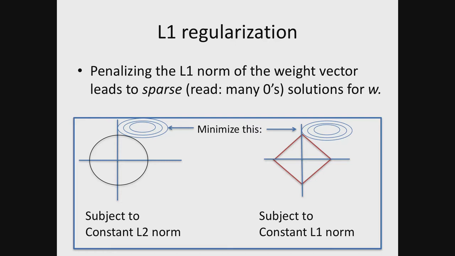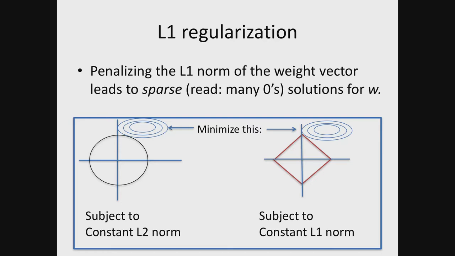So you might say, we're going to minimize the loss subject to the L1 norm of your weight vector being less than 3. Well, then what I'm showing you here is weight space. So I'm showing you 2 dimensions. This x-axis is weight 1. This y-axis is weight 2. And if you put an L1 constraint, for example, you said that the sum of the absolute values of weight 1 and weight 2 has to be equal to 1, then the solution space has to be along this diamond.